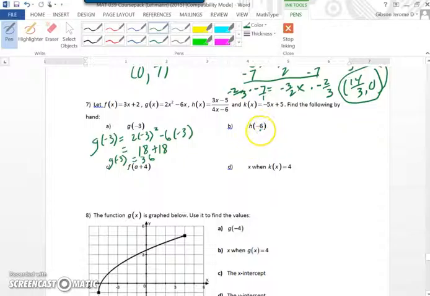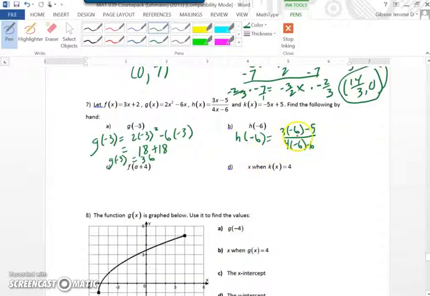Now for B, we have h of negative 6. So we will substitute in negative 6 wherever x appears in h of x. So I'm going to write it over here, and then I can move it. So we have h of negative 6 equals 3 times negative 6 minus 5 all over 4 times negative 6 minus 6.